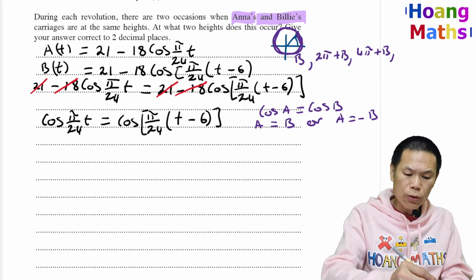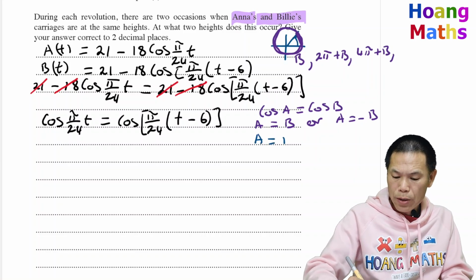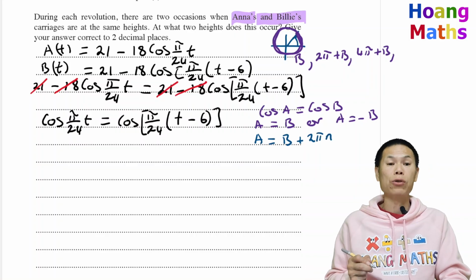So in general, the rule is A equals B plus 2πn. That's the general solution.